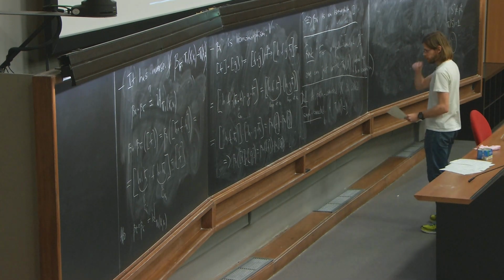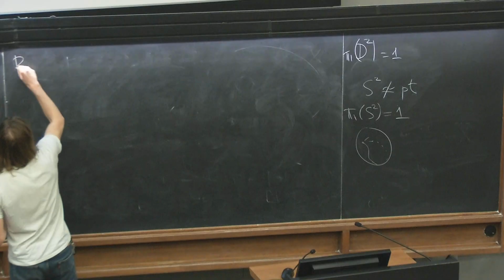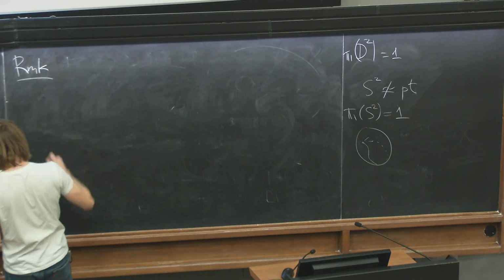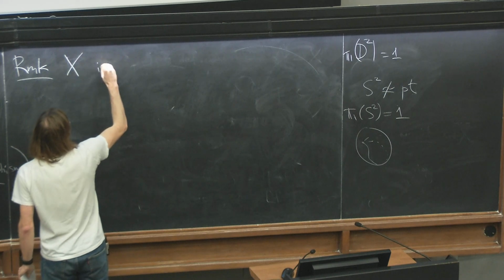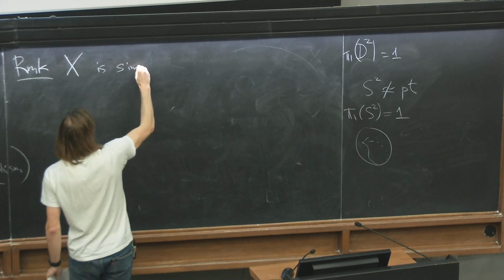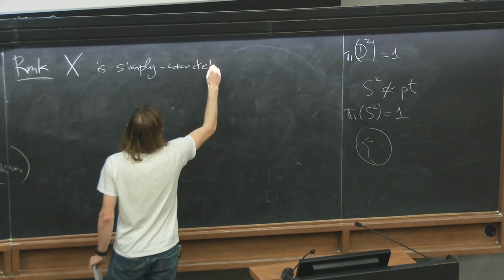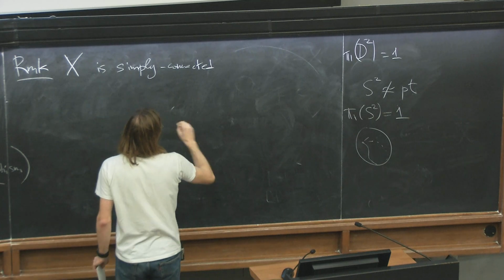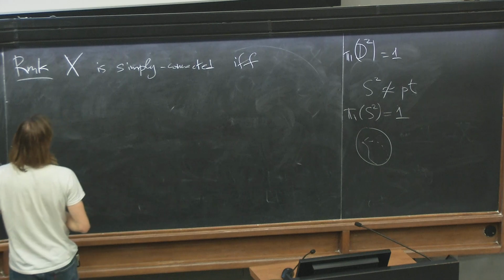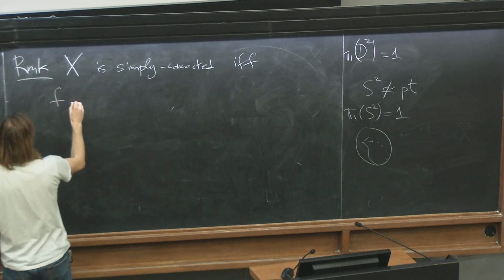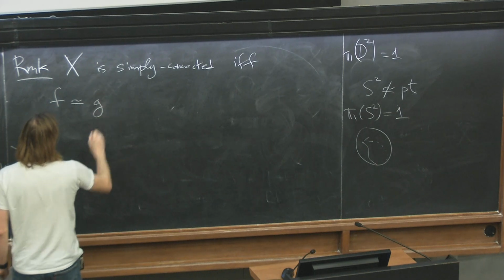Okay, let me make a comment on this definition of simply connected. This explains the name. So X is simply connected if and only if any two paths from x0 to x1 are homotopic to each other.